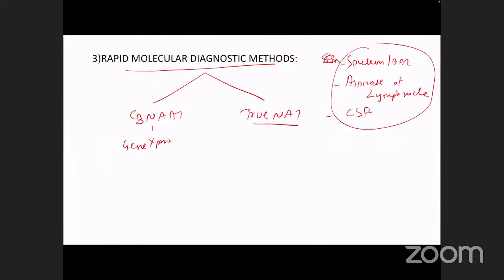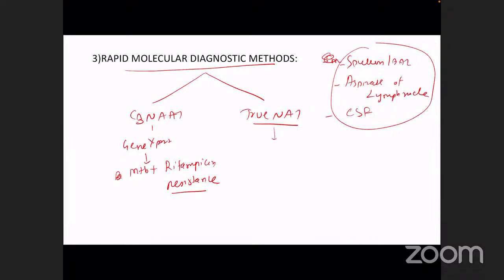Both are PCR-based rapid techniques, but there is some slight difference between these two. CBNAAT will detect the bacilli along with resistance, and it can show only rifampicin resistance. So the result will be in this form: MTB detected, and it will show rifampicin sensitive, rifampicin intermediate, or rifampicin resistant. Or it will be MTB negative.